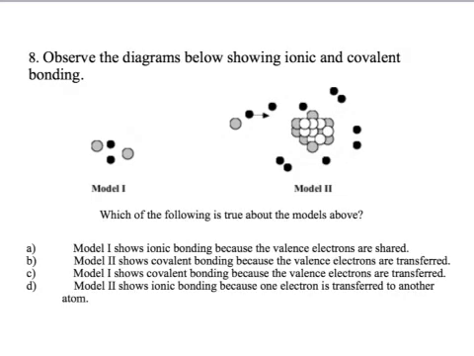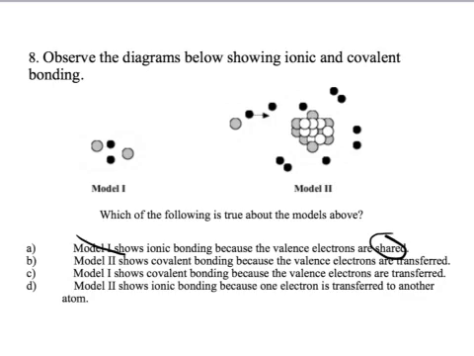Okay, observe the diagram of ionic and covalent bonding. Which of the following is true about the models above? A, model 1 shows ionic because the valence electrons are shared. Wait a minute, does ionic bonding involve the sharing of electrons or the transferring? Ionic is the transfer. So this one is wrong because it's saying that they're shared, and that's not true.